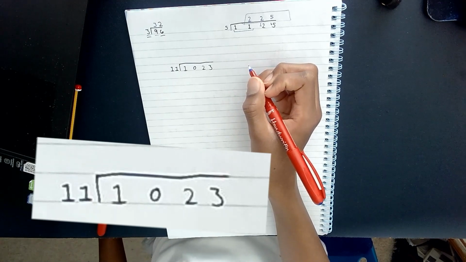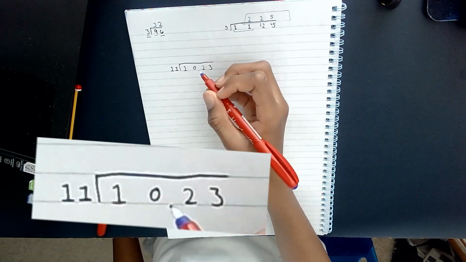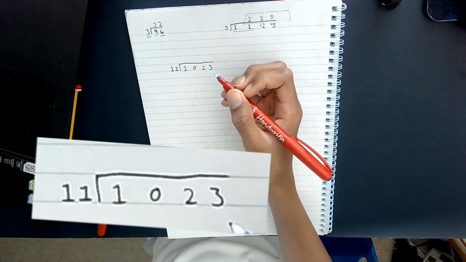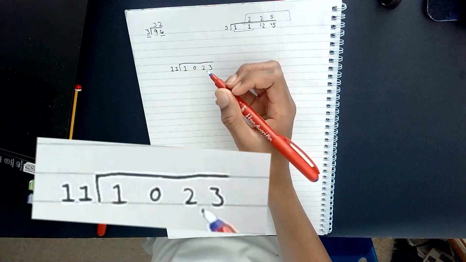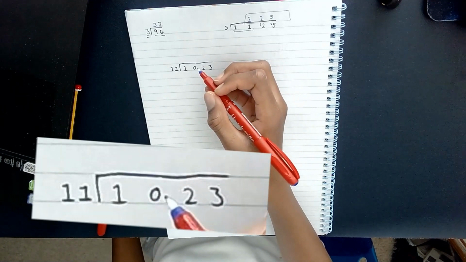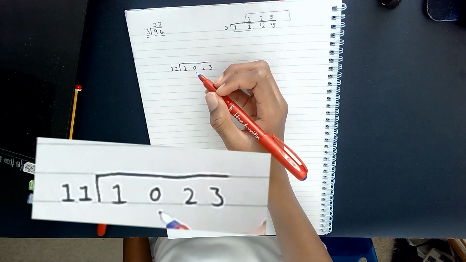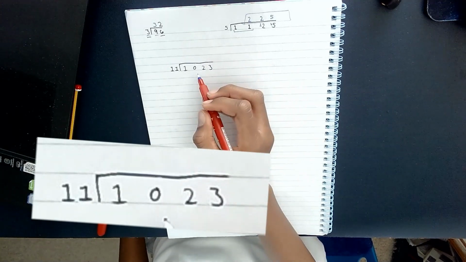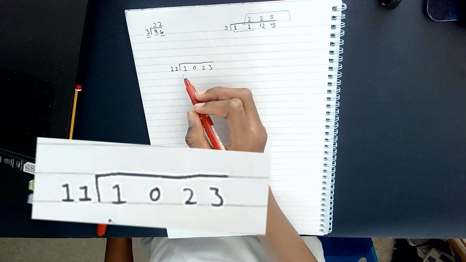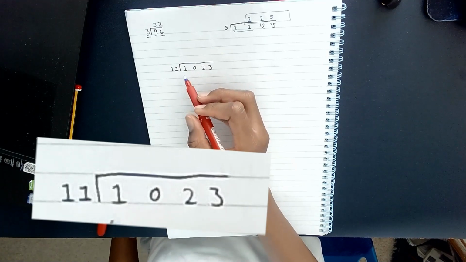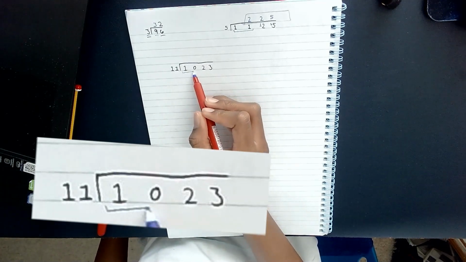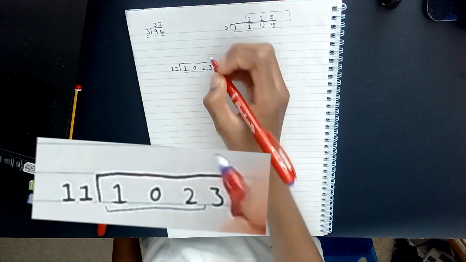Now, the hardest one of all. 1023 divided by 11. 11 doesn't go into 1 or 10, so we're going to have to do bigger steps. So 11 goes into 102 9 times.